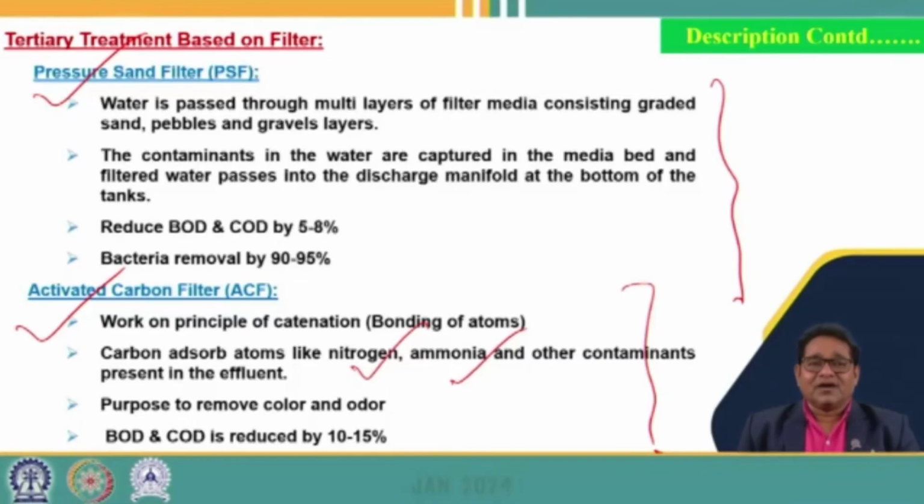So these are the units adopted for removal of color and any other metals present in the wastewater. These are the polishing treatment systems used to remove color, metals, and any odor, and make the water of very good quality so as to be used for further industrial operations.